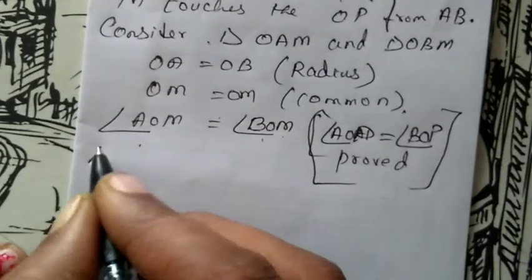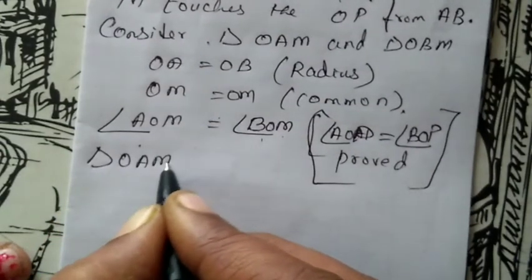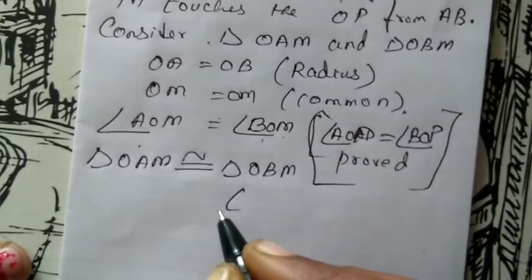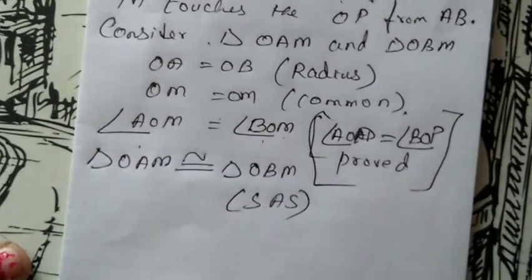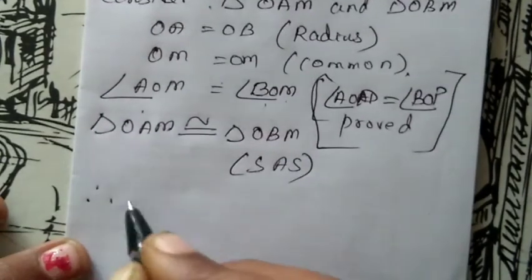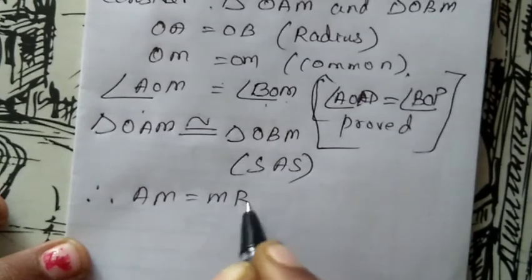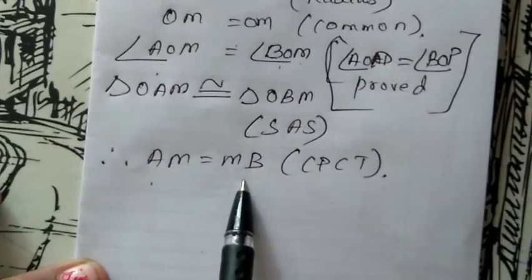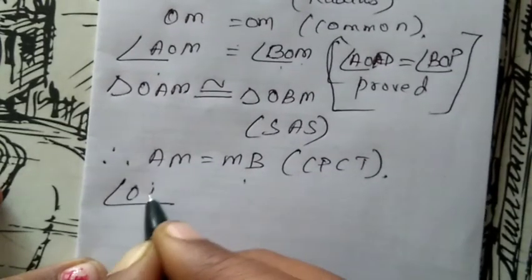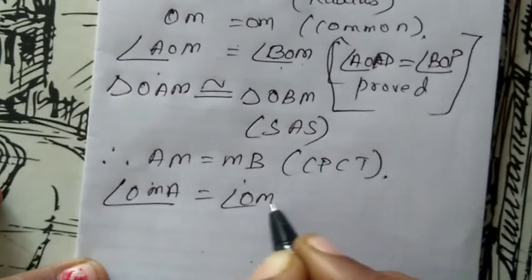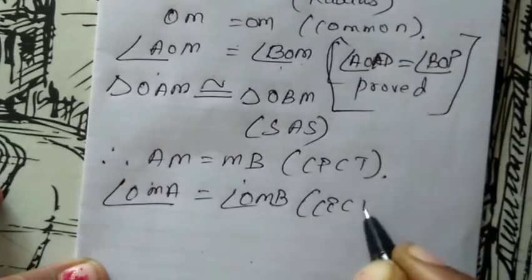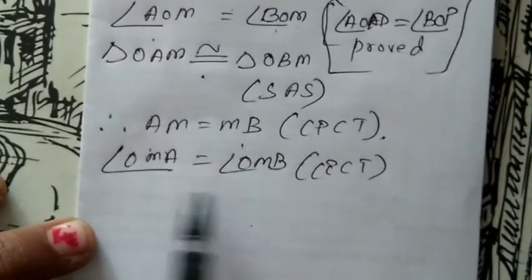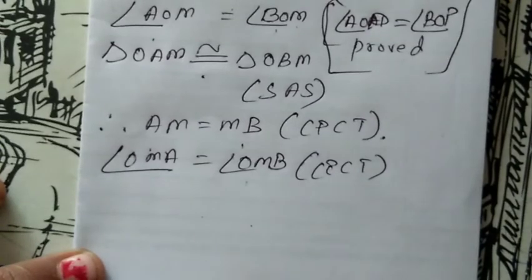So in this we can see triangle OAM is congruent to triangle OBM by SAS, side angle side. So AM is equal to MB by CPCT. Also, angle OMA is equal to angle OMB, that is also by CPCT, because in congruent triangles, the corresponding angles are equal.